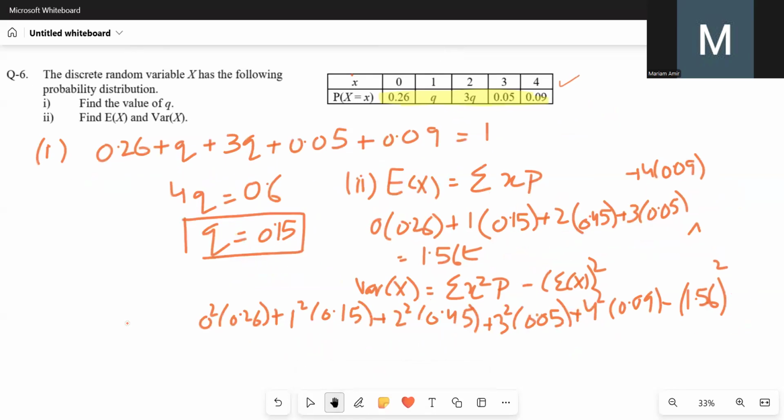Okay, if this was standard deviation, we would have square rooted all of this. Okay, now we enter all of this in our calculator and we'll get 1.4064, which becomes 1.41 after rounding.